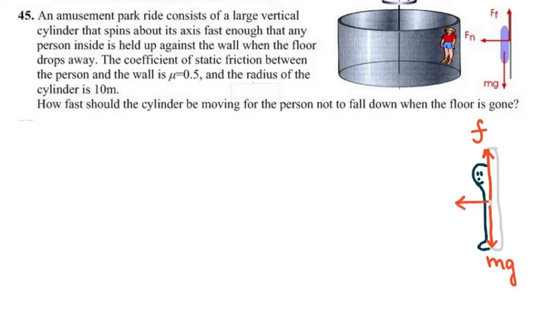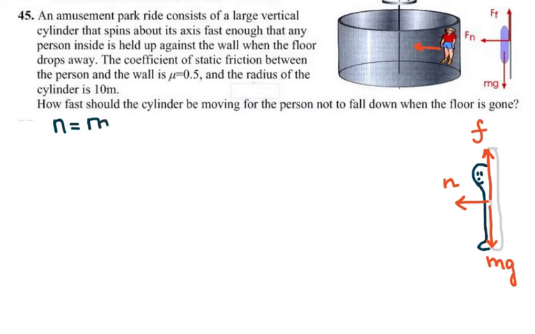Your normal force is your centripetal force. Without that force toward the center, the person would not be able to move in a circular motion. So the normal force in this case is your centripetal force.